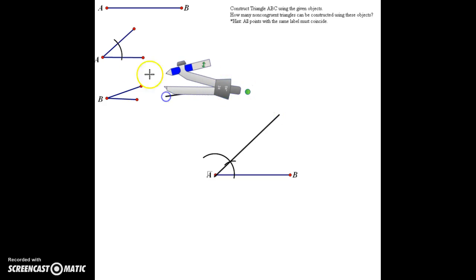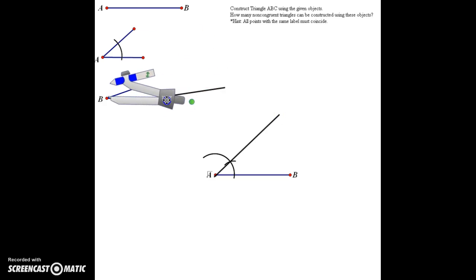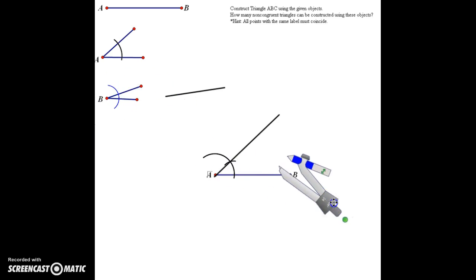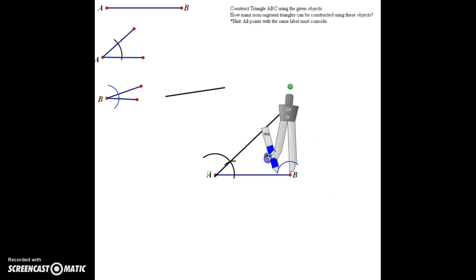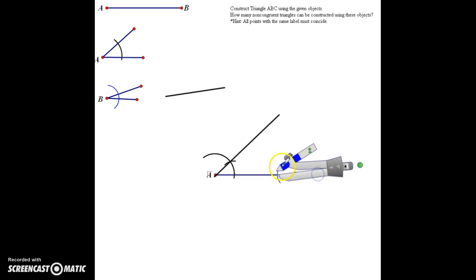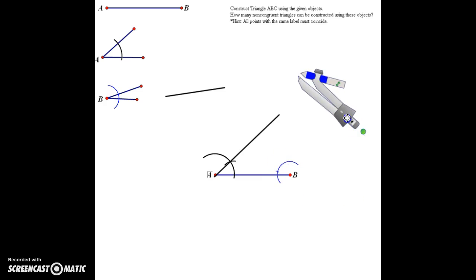I'll go and do the same thing for B. So I'll make an arc through B, make that same arc here, measure B's width, and mark that same width down here. And then where the two sides cross, that would be our other corner.